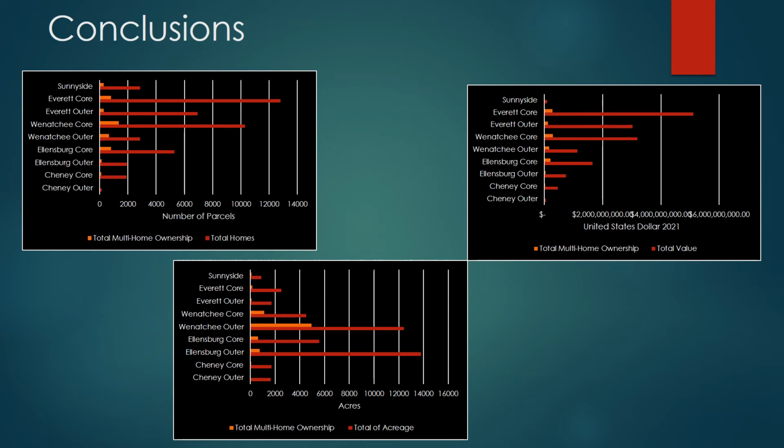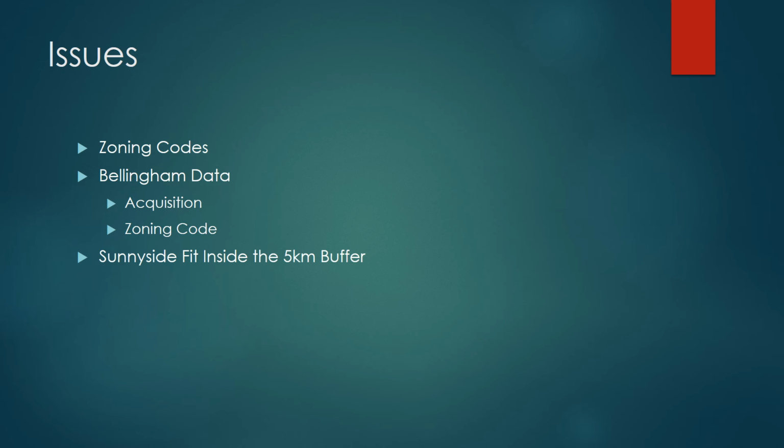Cheney's a bit weird in that only really its parcel ownership can be considered higher than the other two towns that we analyzed that were not college towns. But that could be because it's such a small town, and it could be just due to the nature of the analysis here.